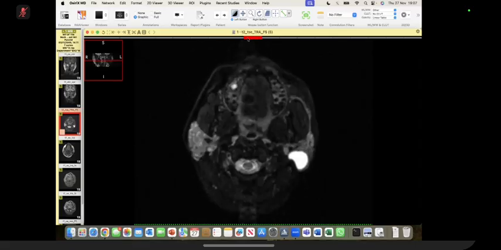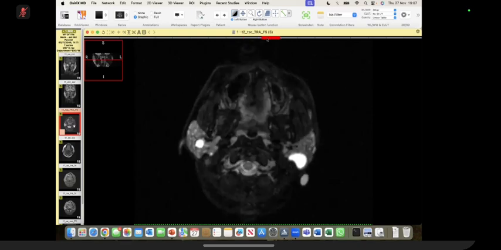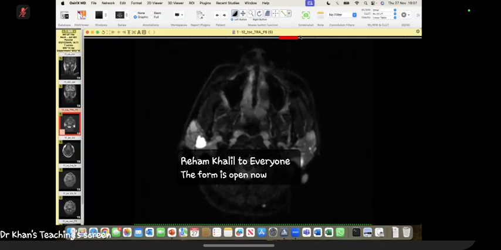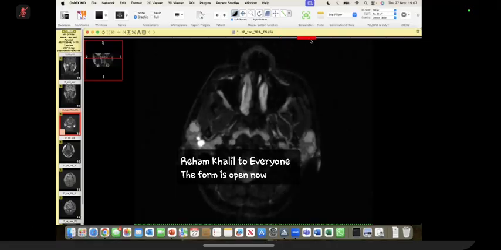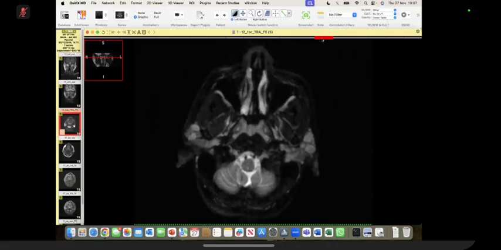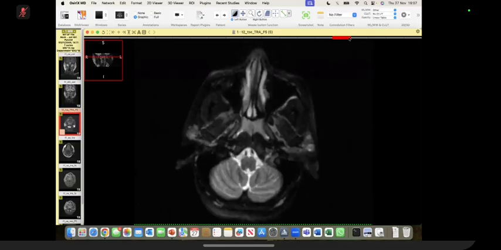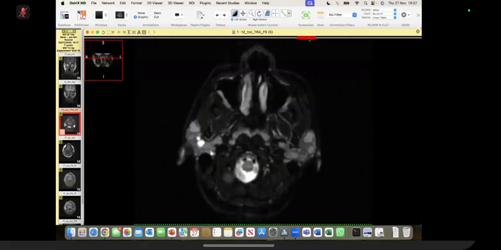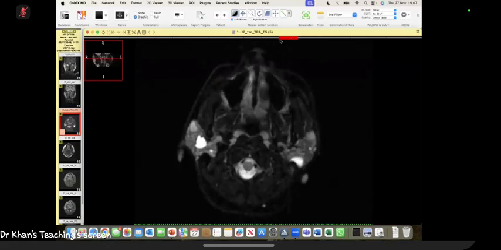The largest cystic lesion is noted in the left parotid gland. I cannot see any significant mass effect on adjacent neck spaces. The lesion medially is extending up to the carotid space. Now I'm looking at the carotid vessels to see if there is any invasion.